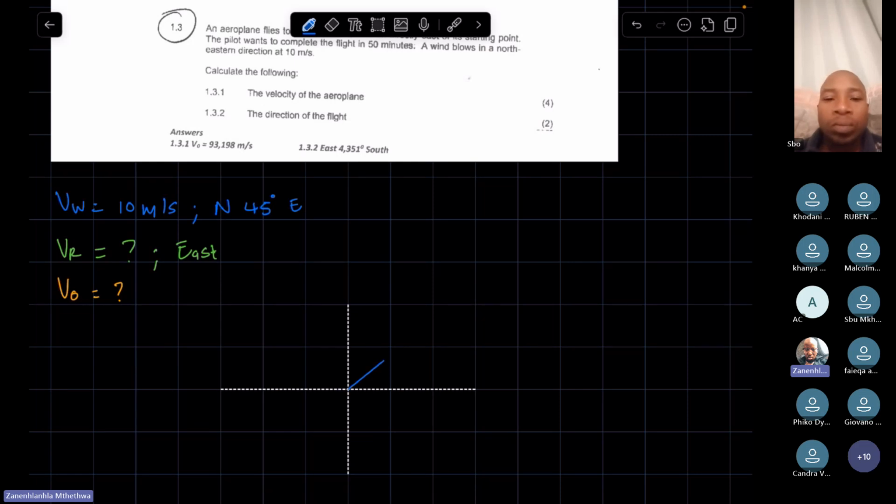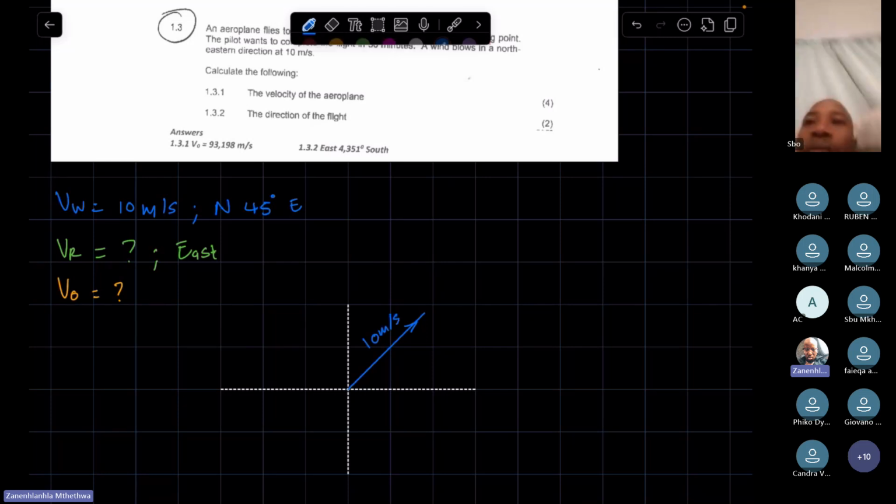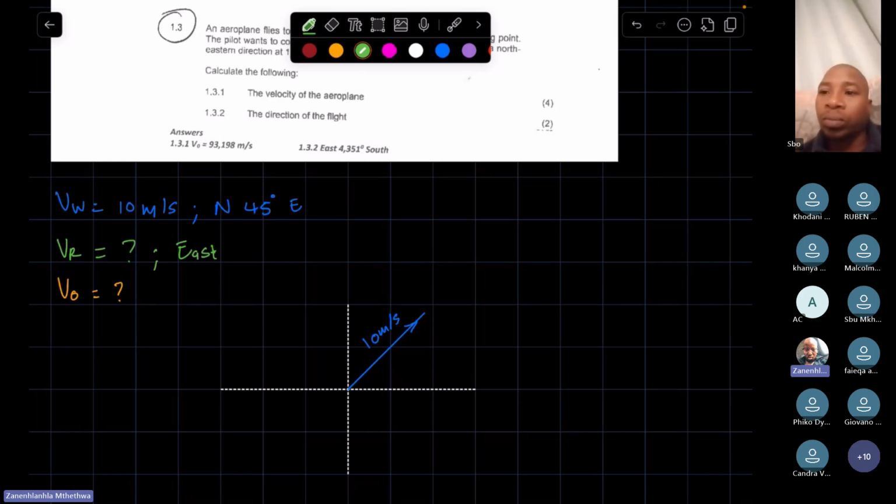So we have, say, 10 meters per second going in that direction. This is VW, which is 10 meters per second. Now, as much as we do not know the magnitude of VR, with the Cartesian plane the most important thing is the direction, of which we do have the direction of VR.